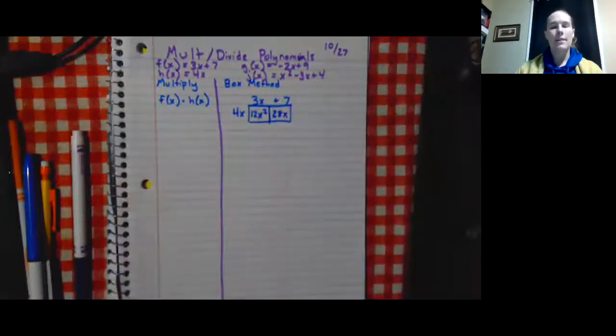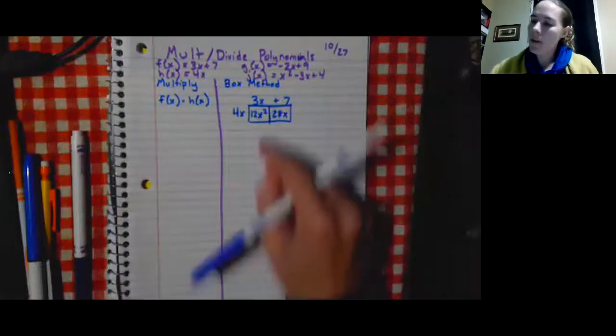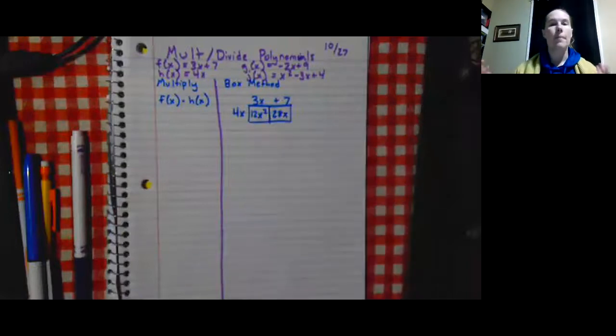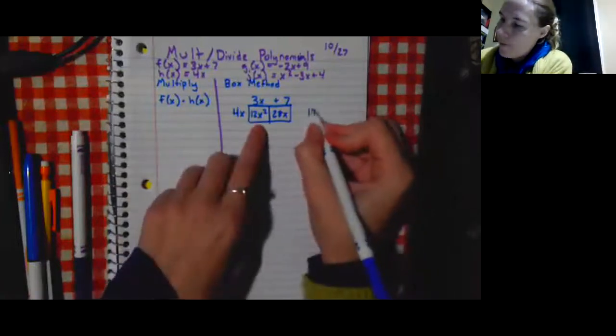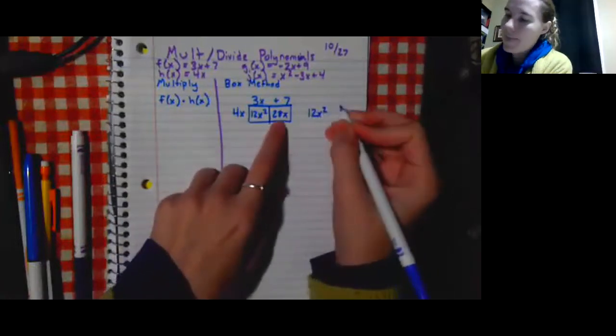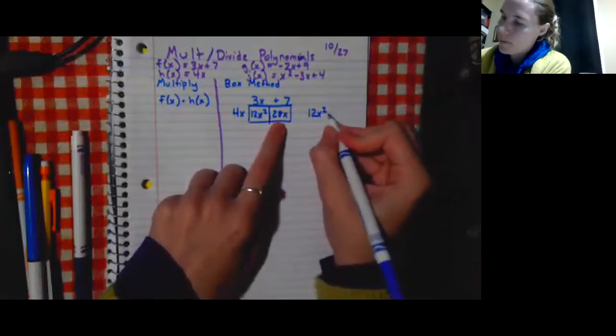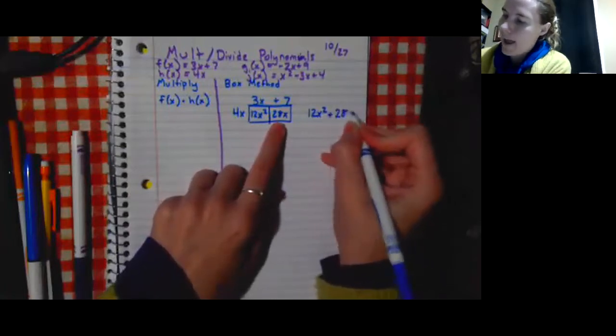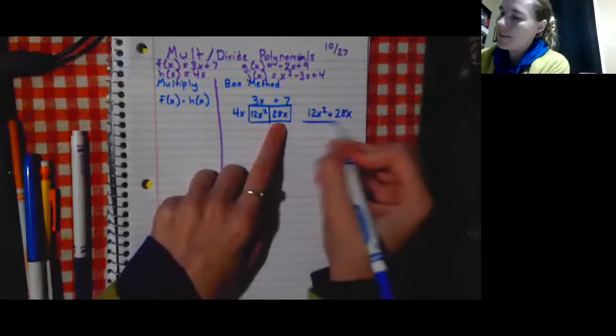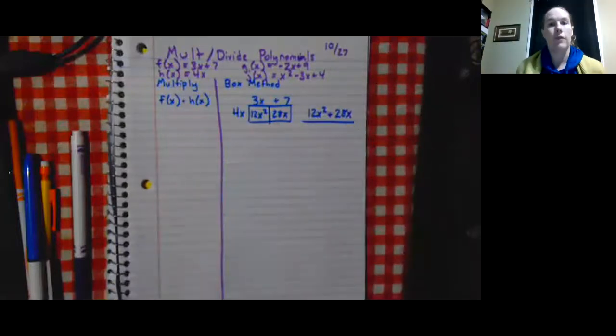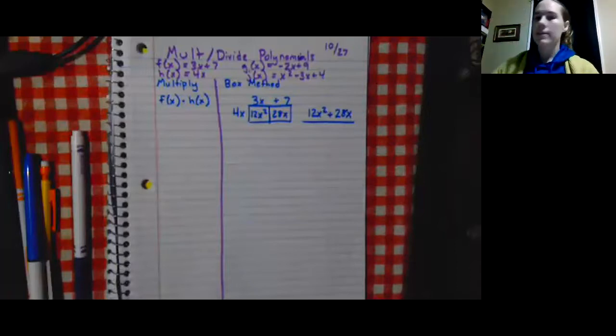The very last thing you want to do is you combine all the terms from inside the box. So I have 12x squared, and this is a positive 28, so I'm going to put plus 28x. And this right here is my answer for that first one. So you set up your box, and you find the area of each thing, then you combine them.